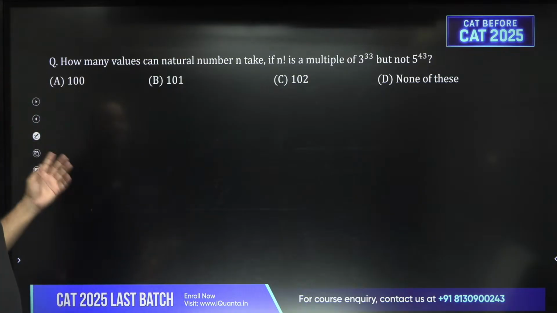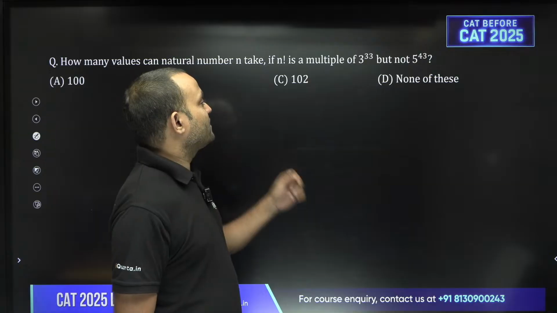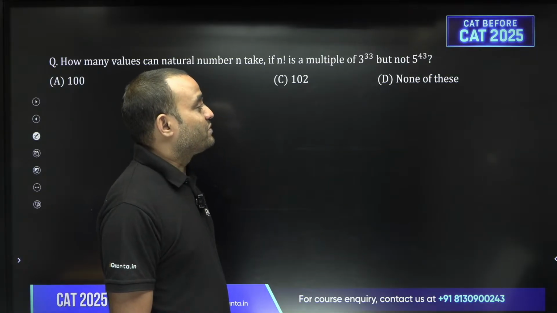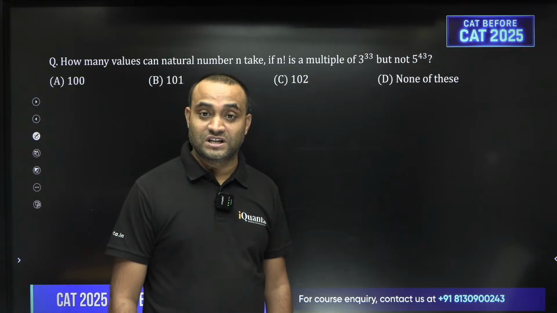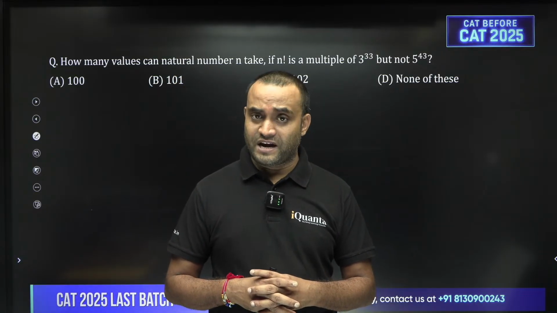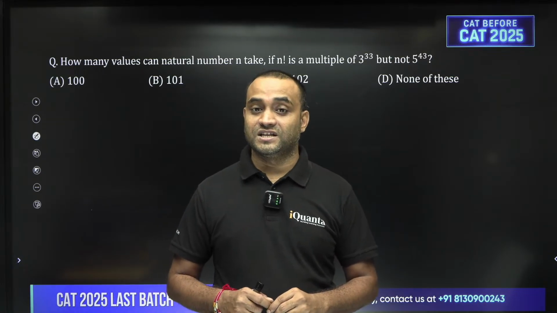This question says how many values can natural number n take if n factorial is a multiple of 3 to the power 33 but not 5 to the power 43. So, first we will have to find the smallest value of n for which the IGP of 3 is 33. Can we say that?